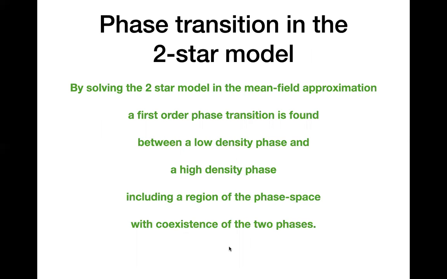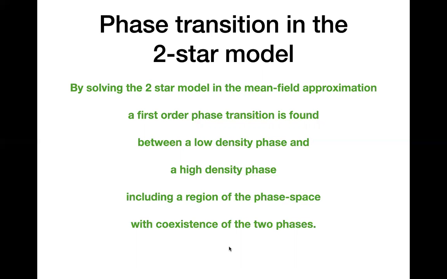So it leads to a phase transition, in which you have a transition between a low density phase and a high density phase, including a region of the phase space with coexistence of two phases.